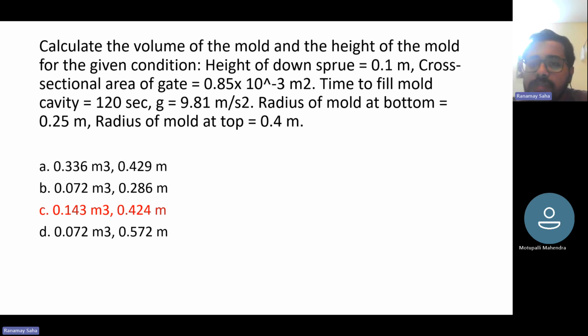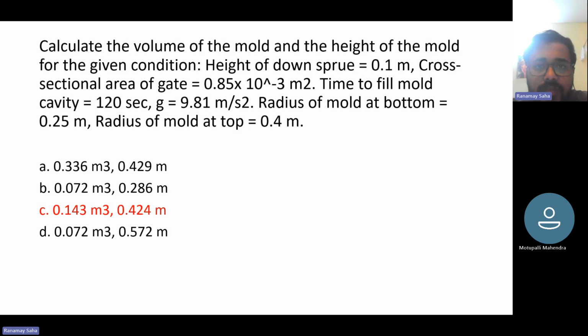The height of the downspout is given as 0.1 meter, the cross-sectional area as 0.85 into 10 raised to the power minus 3 meters square, and the mold filling time is provided as 120 seconds. The acceleration due to gravity is provided. The radius of the mold at the bottom is also provided, and at the top is also provided.